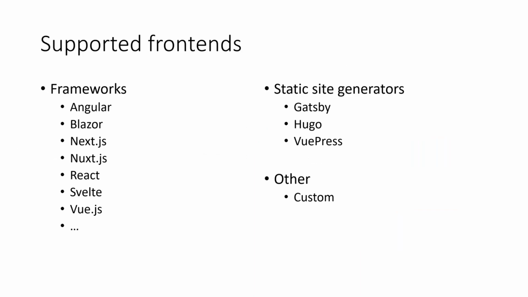Now, looking at the front ends, right off the bat, we get Angular, Blazor, Next, Nuxt, React, Svelte, and Vue as front-end frameworks. Now, this is actually a list of supported front ends in the UI when you start creating a static web app in the Azure portal.